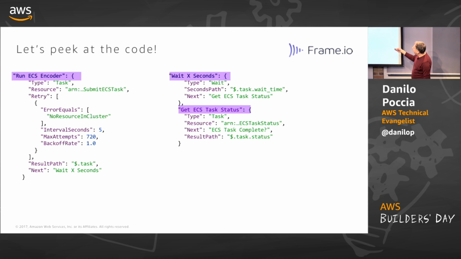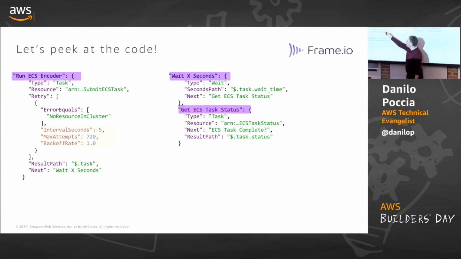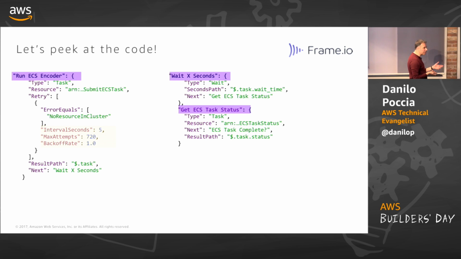And then, if we look at the code, in case they run a container, we found that they retry for 720 times every 5 seconds. That's an hour, I think. And we understood that basically what happens is that when they submit jobs to their container cluster using ECS, sometimes the cluster is out of resources.